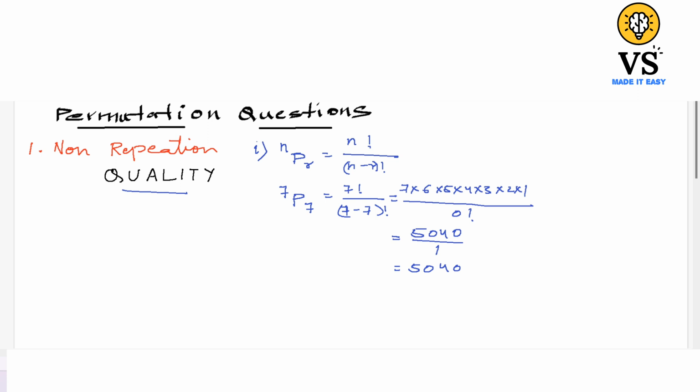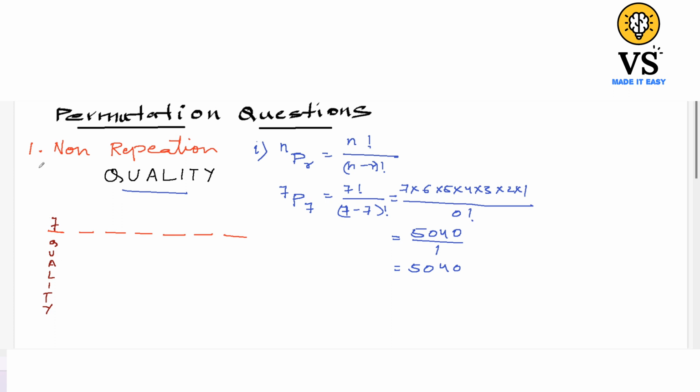Okay. One more method I'll give you. See what is happening internally. For arranging a 7-letter word, we need how many places? 1, 2, 3, 4, 5, 6, 7 places we need. So in the first place, what are the letters which can come? Q, U, A, L, I, T, Y. Totally 7 letters can come.